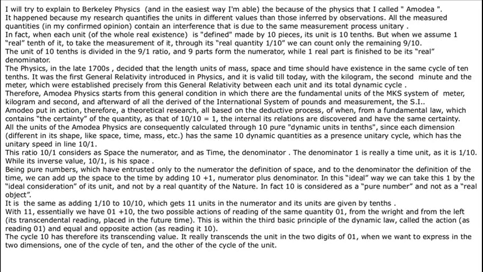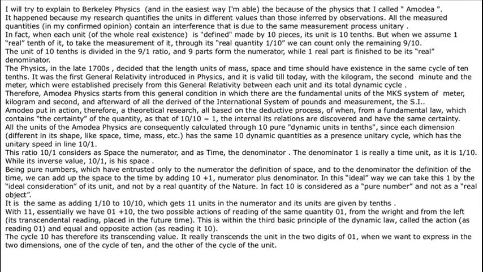In fact, 10 is considered as a pure number and not as a real object. It is the same as adding 1/10 to 10/10, which gets 11 units in the numerator, and its units are given by tenths. With 11, essentially, we have 0,1 plus 1,0, the two possible actions of reading the same quantity, 0,1, from the right and from the left.